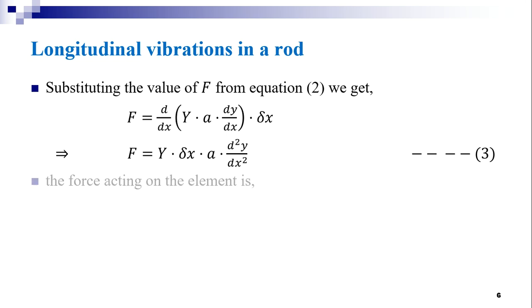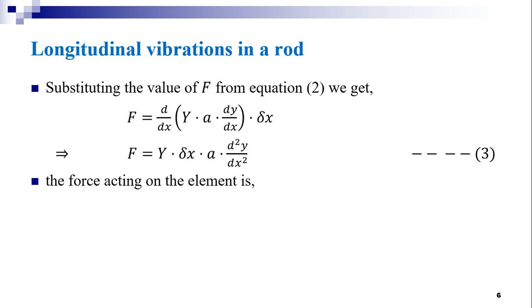If d square y by dt square is the acceleration alpha produced in the element by the force in the direction of the velocity, then the force acting on the element is, according to Newton's second law of motion, F is equal to m into alpha.